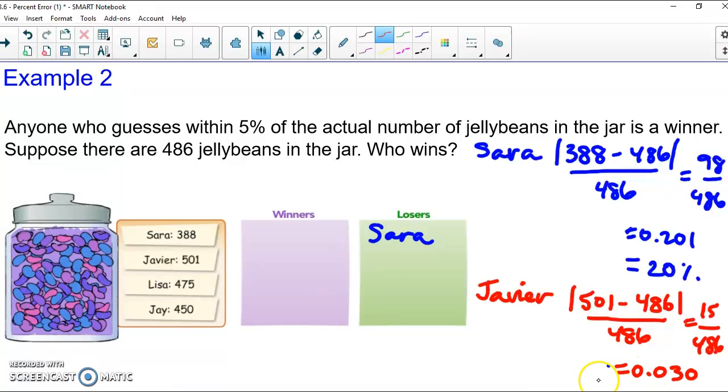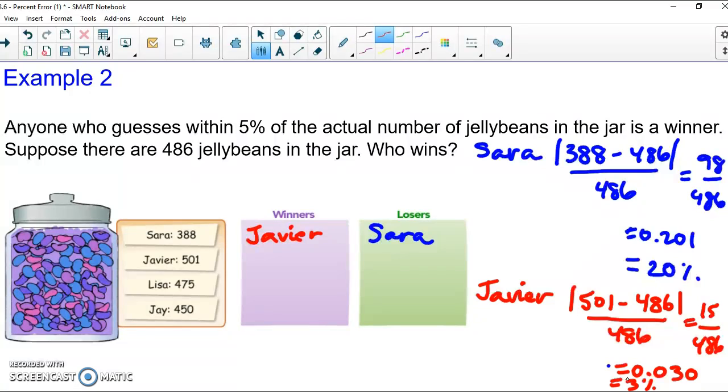So as a percent, we are looking at 3%. So congratulations, Javier. You are a winner because 3% is within 5%. It's 5% or less of an error.